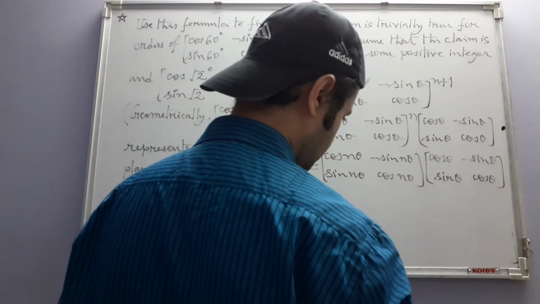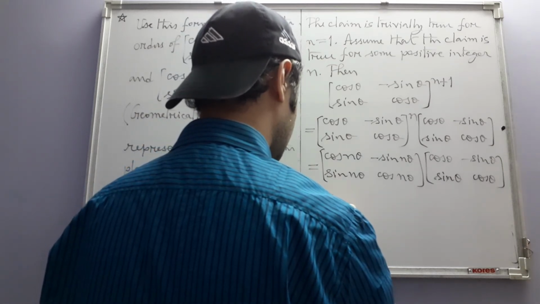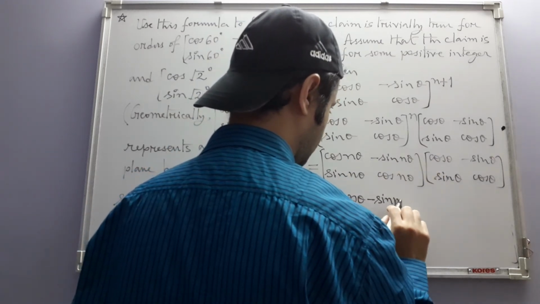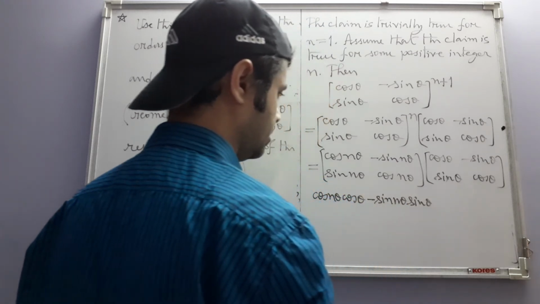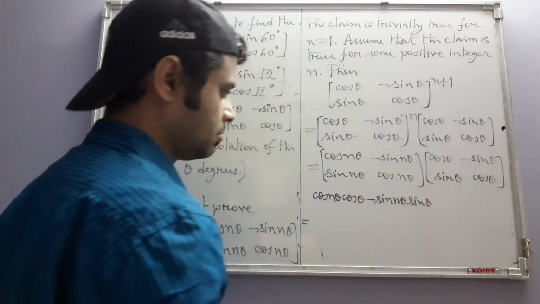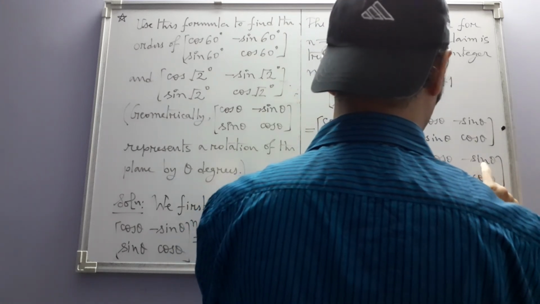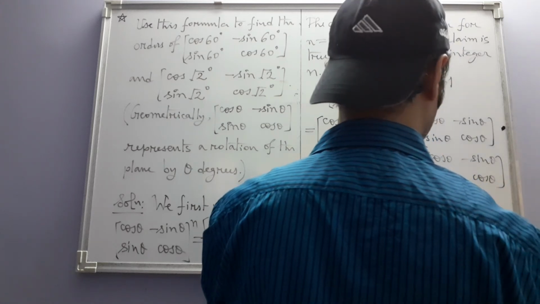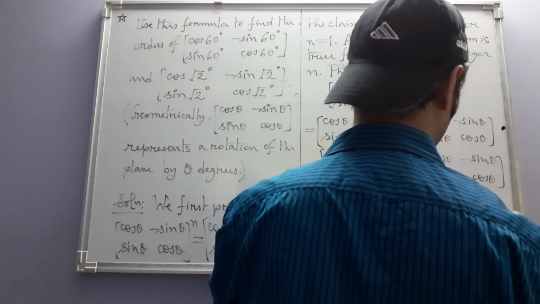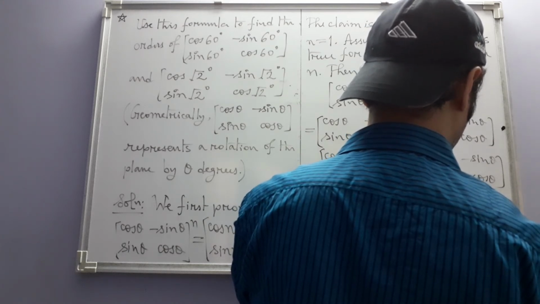So okay, it's going to take a lot of space. Cos n theta cos theta minus sin n theta sin theta. Then we have to write another entry here, minus cos n theta sin theta minus sin n theta cos theta.